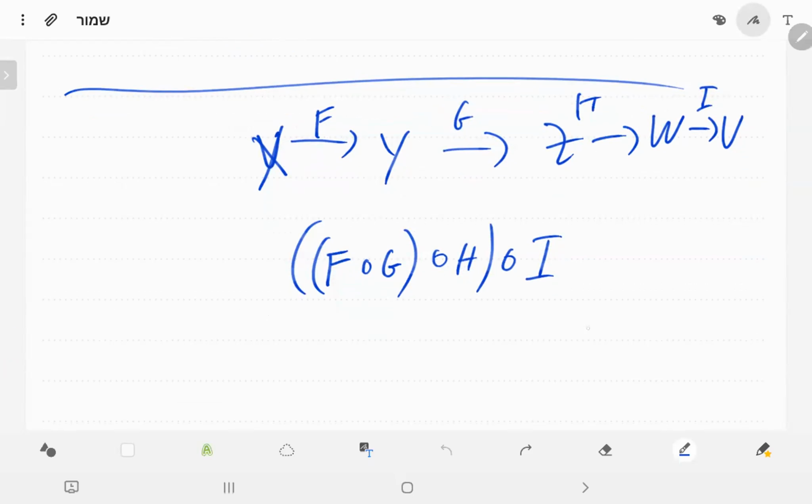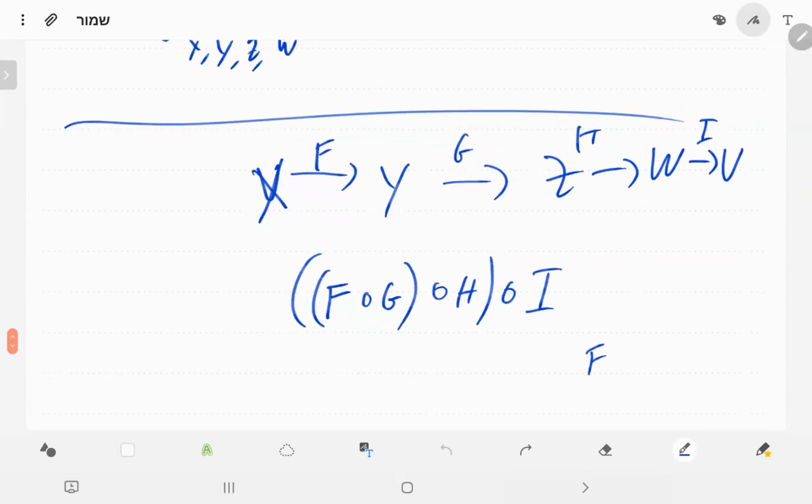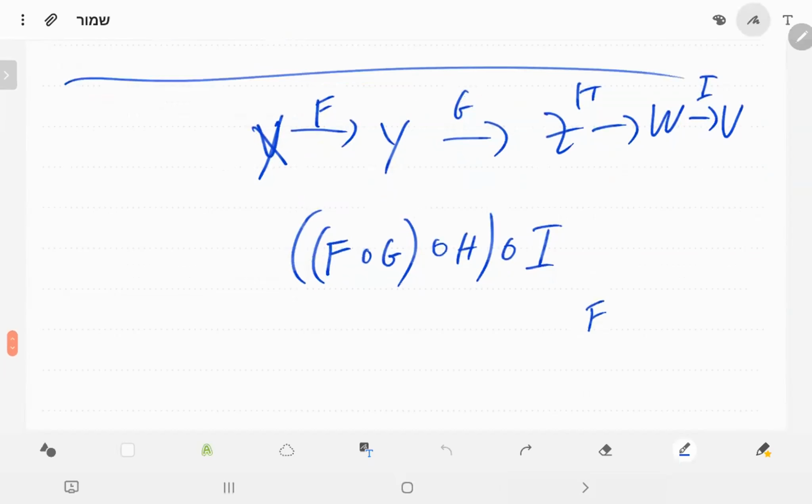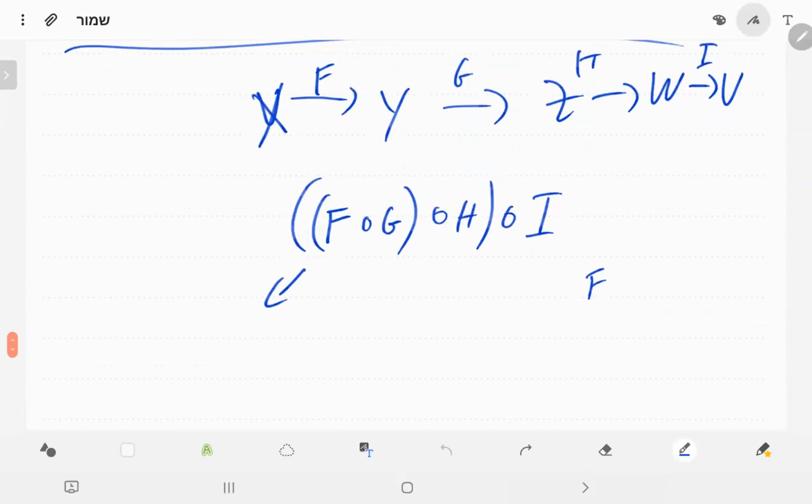Okay, maybe we start here. So when we move the left parenthesis to the right, we have a morphism. Otherwise, we have a morphism in the other direction. F, G, H, I.